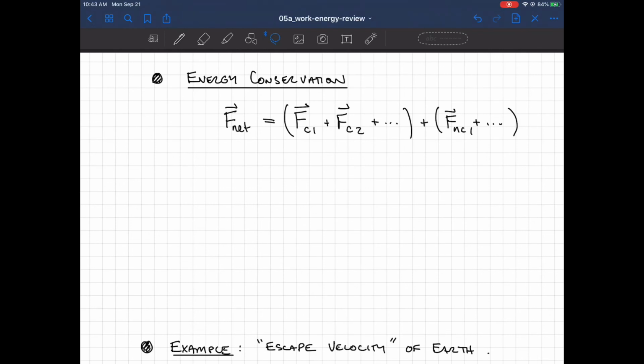So you go to each of your forces, you decide if it's conservative, and you call it a conservative force. So what does that mean? It means that the net work, which is equal to the change in the kinetic energy of the system, can be expressed as the work done by the conservative forces plus the work done by the non-conservative forces. And I'm just going to group them all into a single one.